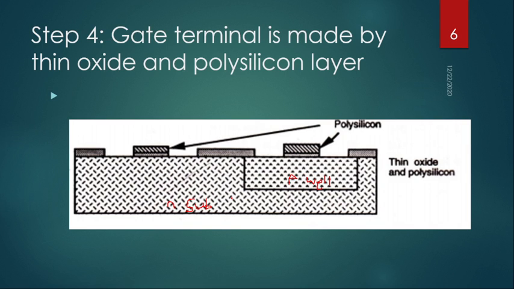Then for the gate terminal, a thin oxide layer and a polysilicon layer are used for implementation. Polysilicon is nothing but a polycrystalline silicon layer. It is deposited over it, and it will be present only on the gate terminal.